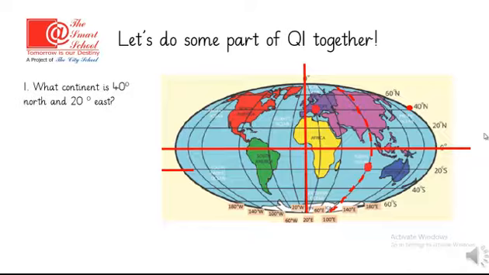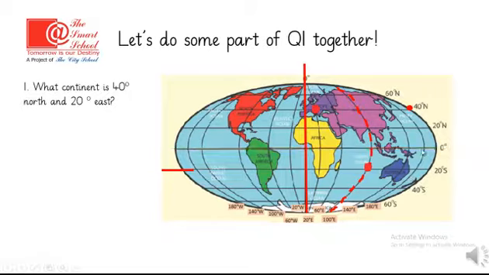Now, as you know, we had seen in the video that whenever we are finding any location using the grid references, we always find the latitude first. So for finding the latitude, we need to see where is the equator.